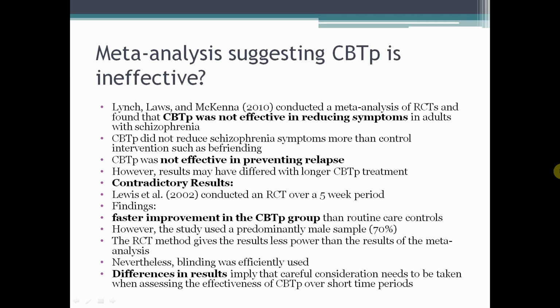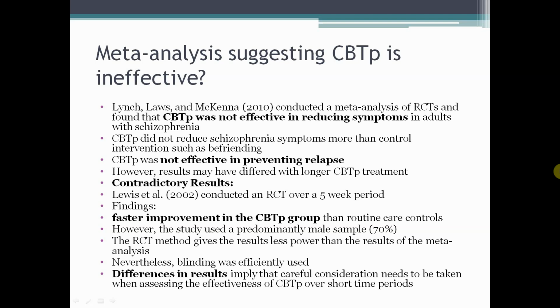However, one meta-analysis of RCTs found that CBTP was not effective in reducing symptoms in adults with schizophrenia. The meta-analysis revealed that CBTP did not reduce schizophrenia symptoms more than control interventions, such as befriending, during a 5 to 9 month period.